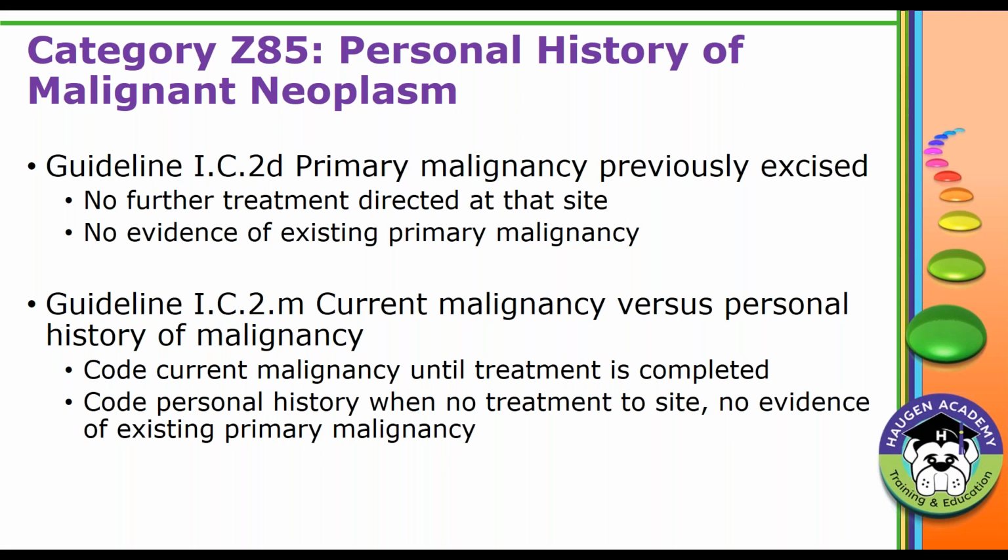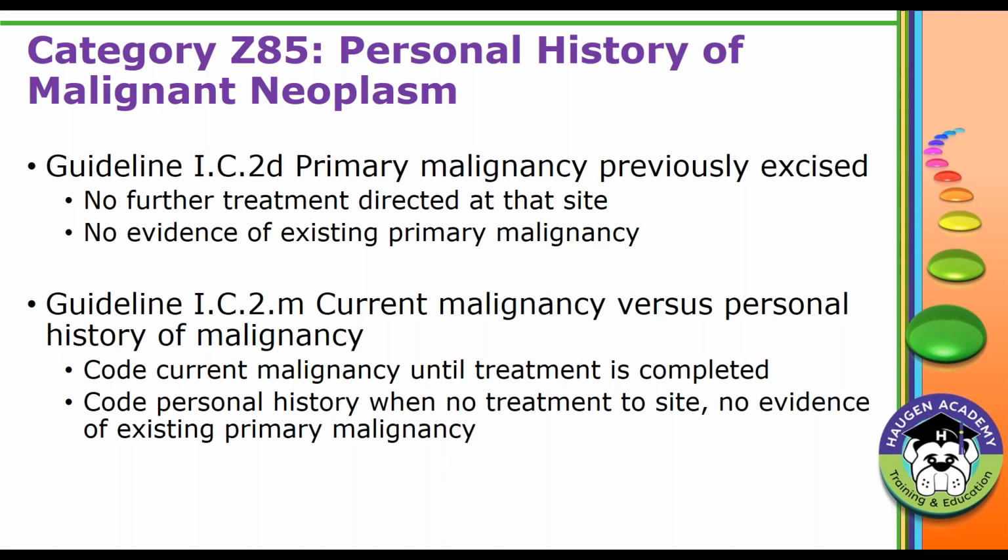The secondary site may be the primary diagnosis code with the Z85 code used as a secondary code when the primary malignancy has been excised, but further treatment such as additional surgery, radiation therapy, or chemotherapy is directed to that site. The primary malignancy code should be assigned until the treatment is completed.